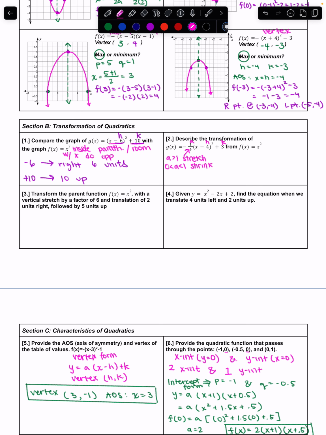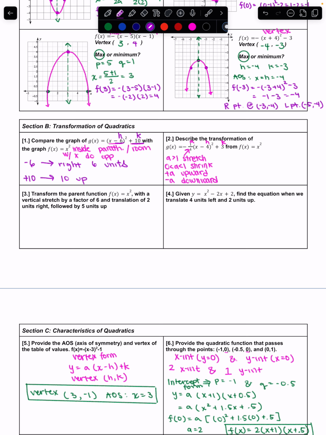If your a value is positive, that indicates to us that our parabola is upward facing. And if our a value is negative, it is downward facing.